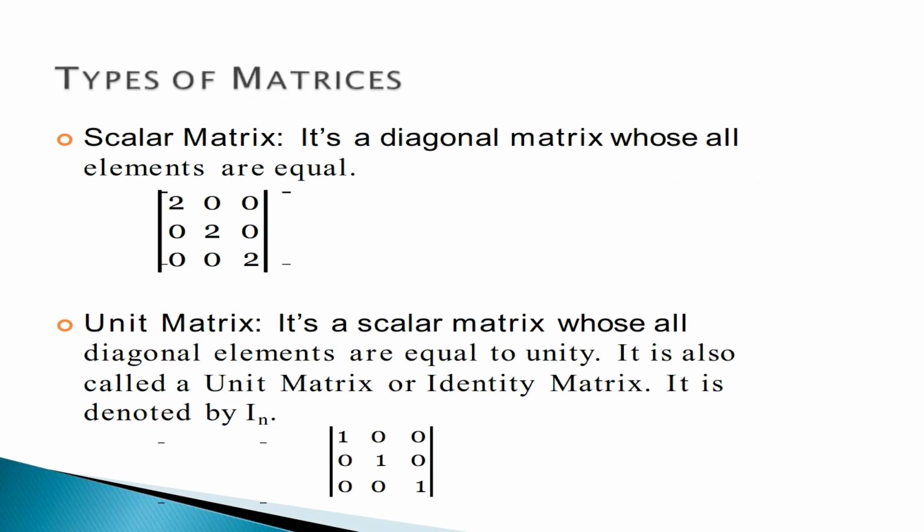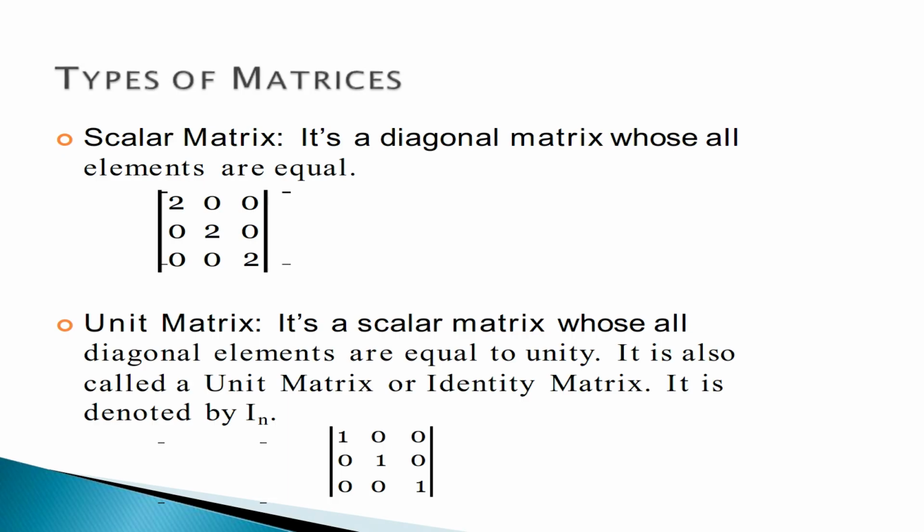Next is scalar matrix. A diagonal matrix whose leading diagonal elements are equal is a scalar matrix. Here is the example of a scalar matrix: 2, 0, 0, 0, 2, 0, 0, 0, 2. Next, what is a unit matrix? In a scalar matrix, if the leading diagonal elements are unity, then it is called a unit matrix or identity matrix. It is denoted by In.